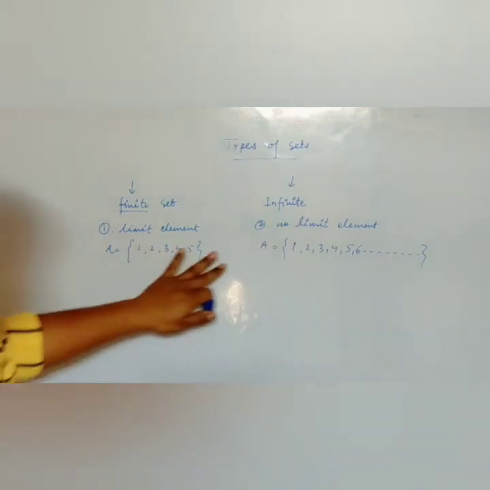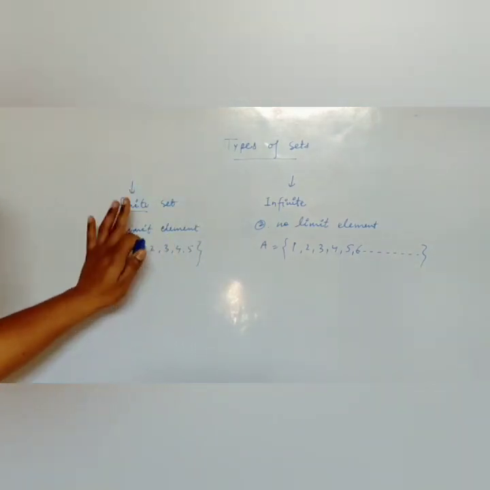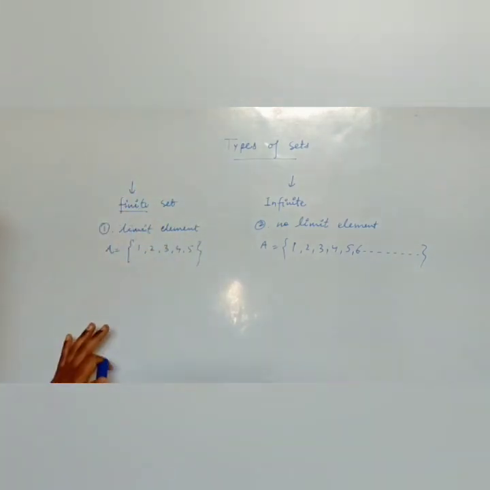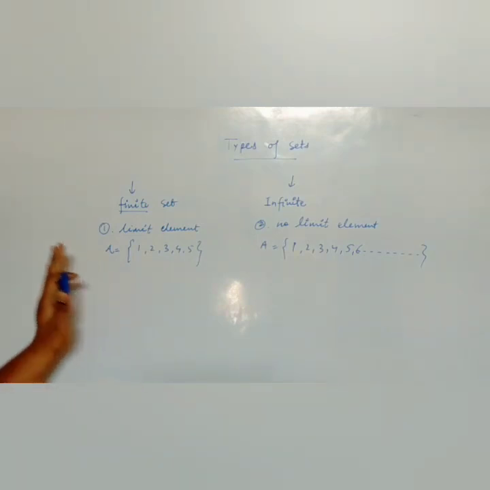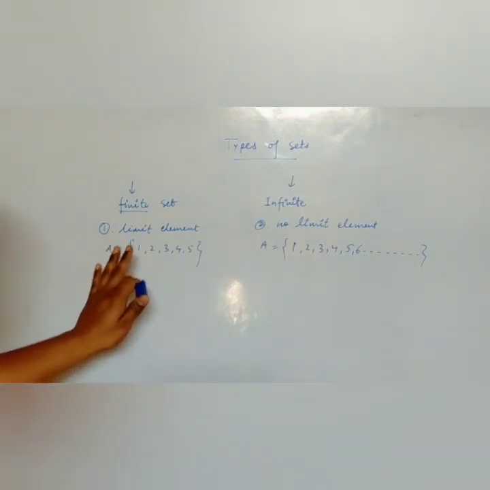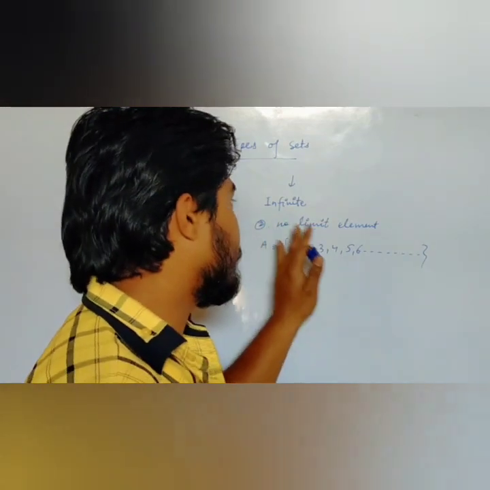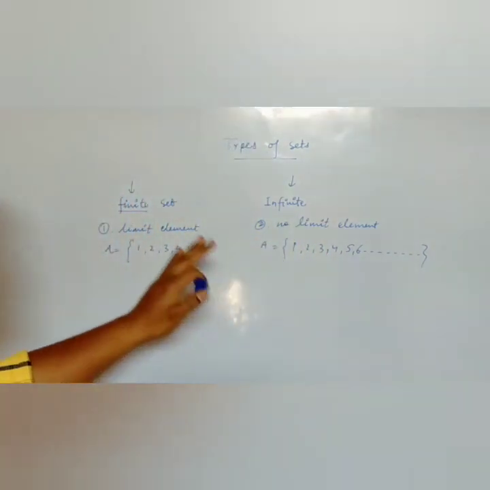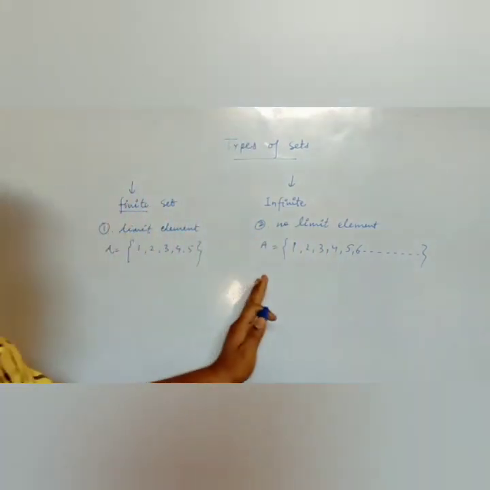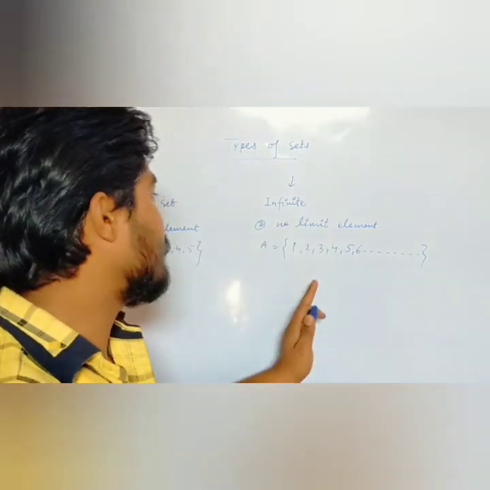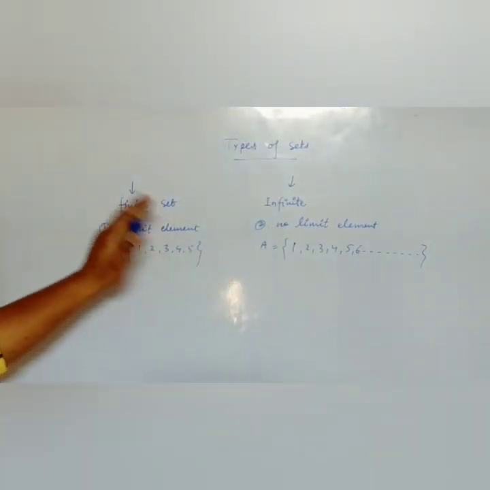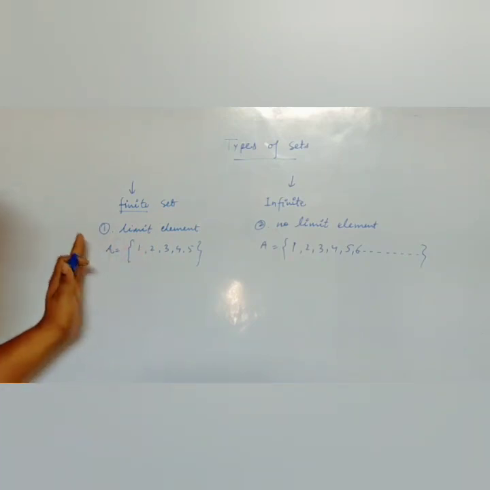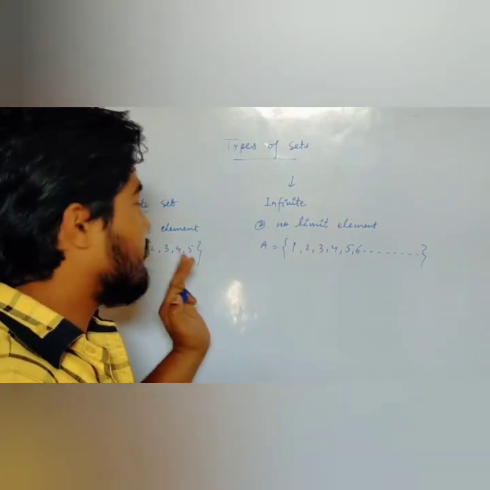So a finite set is a set having a limited number of elements, and an infinite set has no such limit. जो finite ना हो वही हमारा infinite है, और finite वो होता है जिसमें limiting element हो.